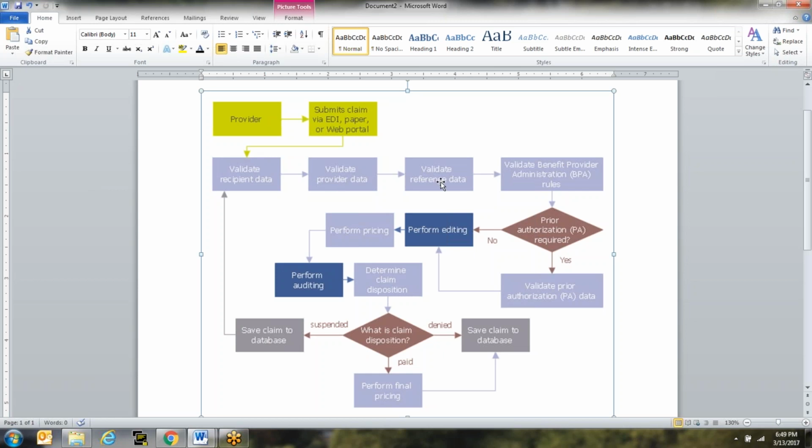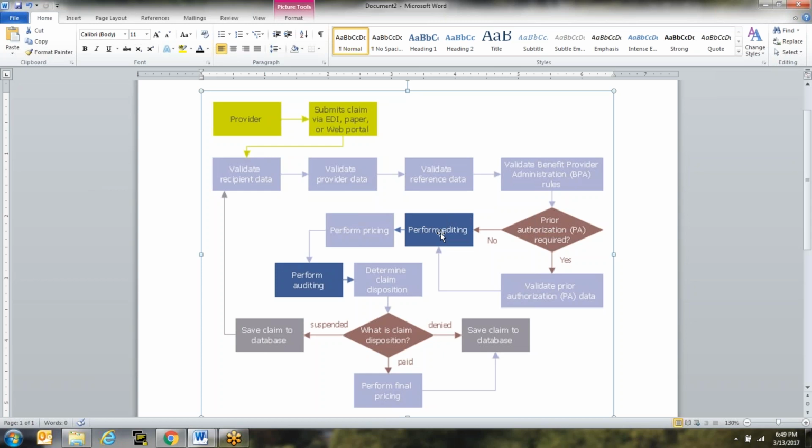Then the overall EDI structure is checked. Then different benefit rules are checked, whether this person is eligible or not, whether this person is eligible for this doctor or not, whether they are eligible for this treatment or not. The next step is to check whether a prior authorization is required or not.